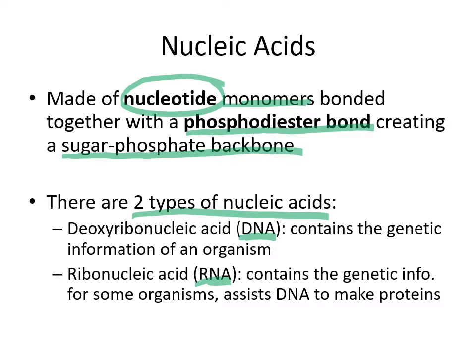Often the DNA contains the genetic information of the organism, and we can talk about viruses in more detail, in terms of how they even count as an organism or not, but they may use RNA. But for things like humans and other eukaryotes, the genetic information is encoded in the DNA, and then the RNA, the other type of nucleic acid we're looking at, will be used to take that information from the DNA in order to make proteins.